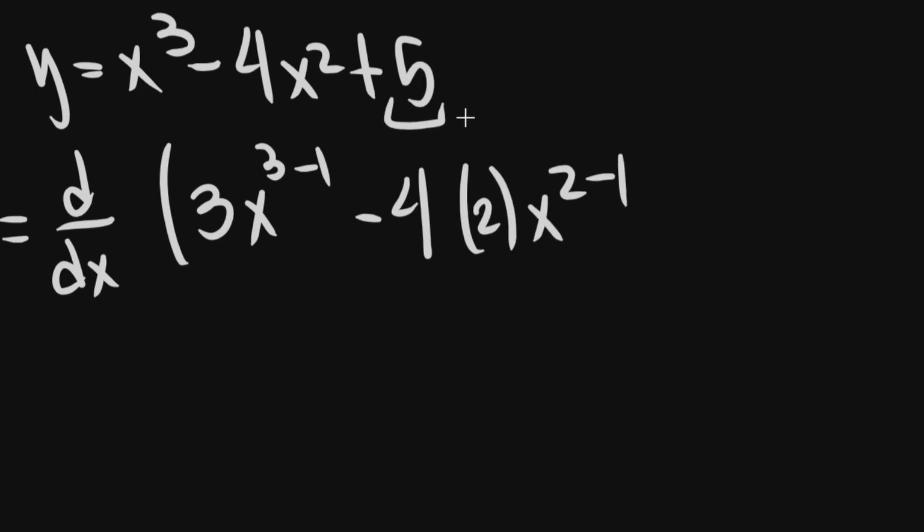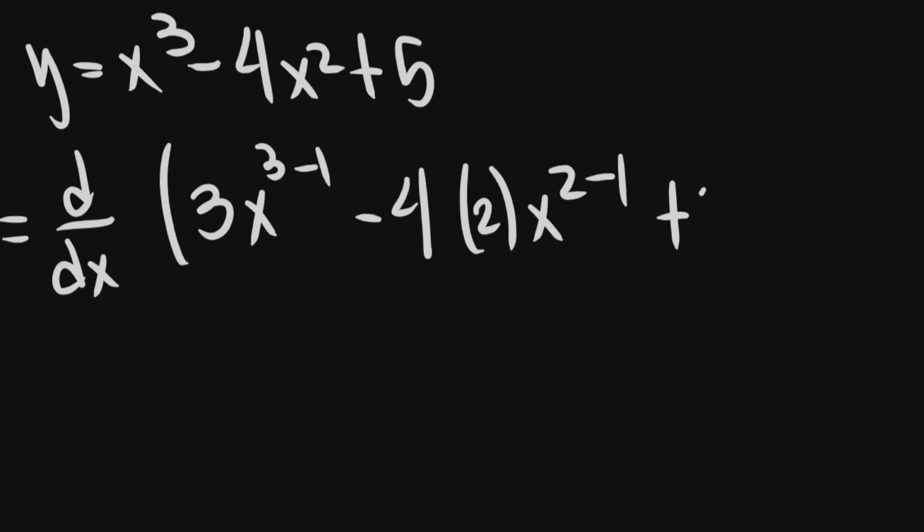Here we have a constant. How do we identify a constant? A constant is a number who doesn't have any x or y or any letter in general beside it. So 5 here is a constant, therefore by the rule, if it's a constant, when derived it should equal 0.